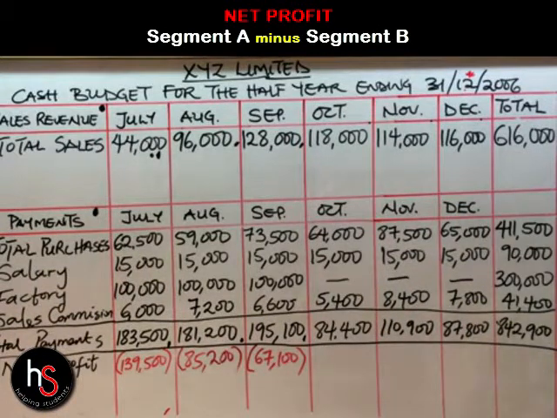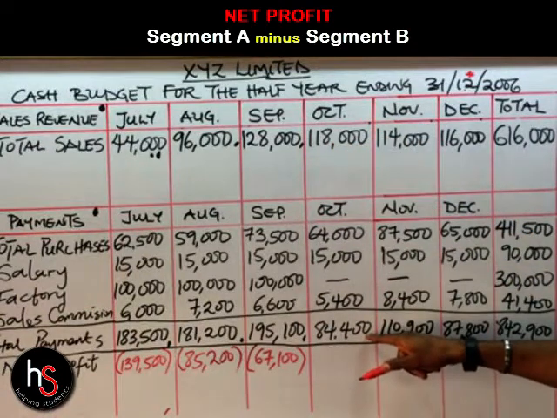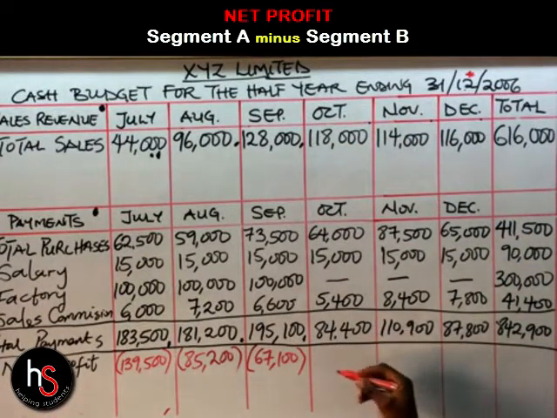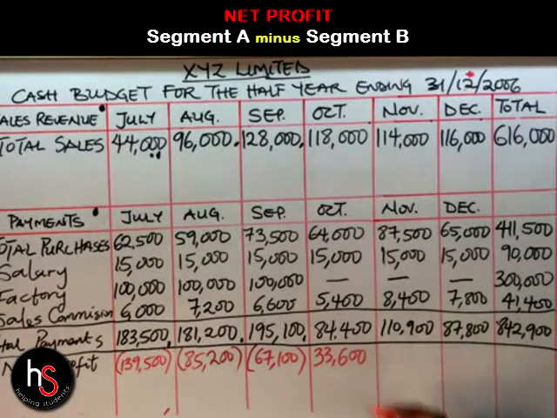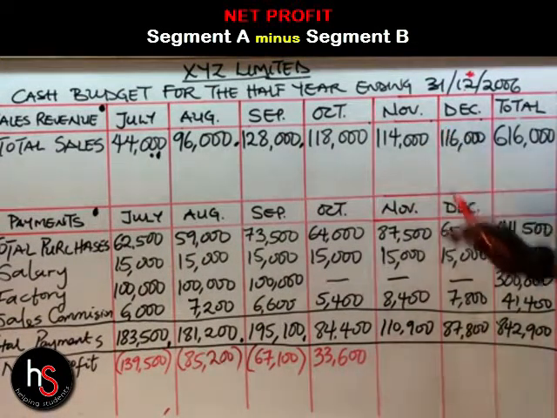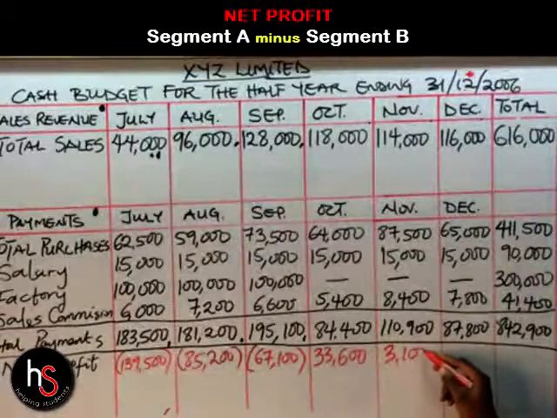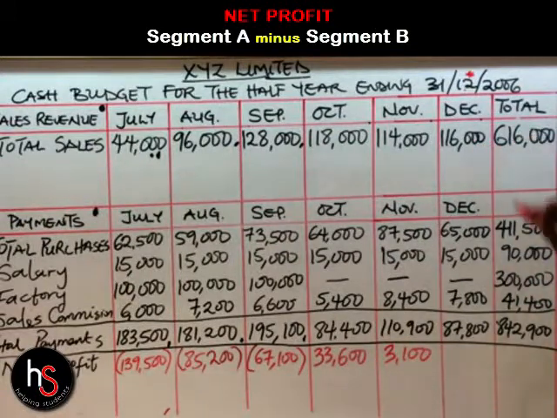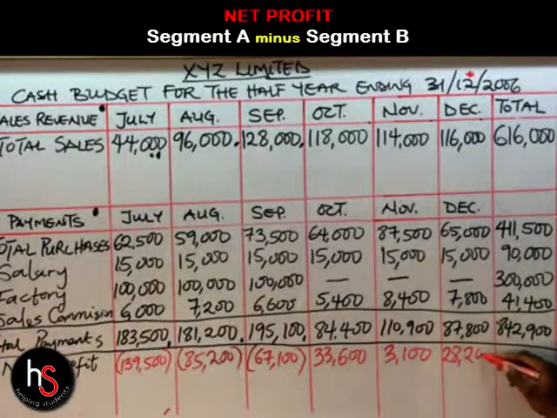We'll come over to the next one. 118,000 minus 84,400 gives us 33,600. 114,000 minus 110,900 gives us 3,100. 116,000 minus 87,800 gives us 28,200.